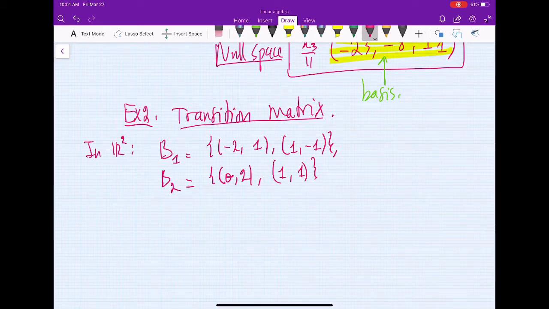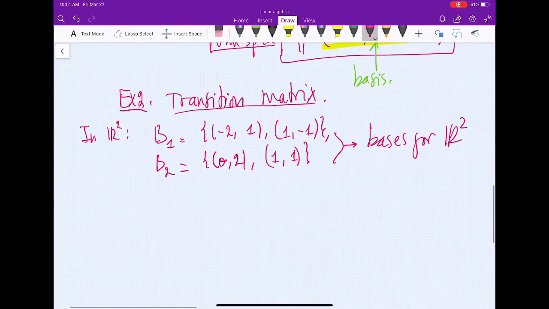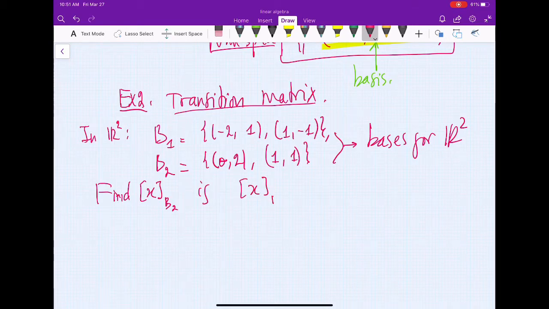It's easy to verify that B1 and B2 are bases for R2. And now we need to find the coordinate of vector x with respect to B2, if we know the coordinate of x with respect to B1 is (4, negative 5) transpose.